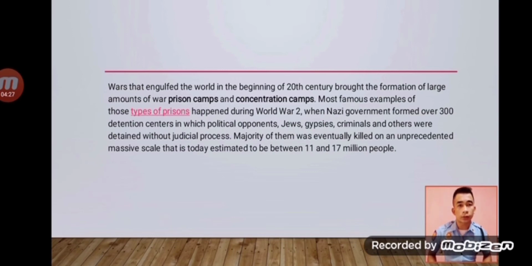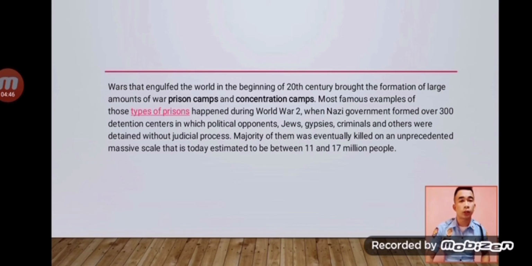The most famous example of those types of prison happened during World War II, when the Nazi government formed over 300 detention centers in which political opponents, Jews, gypsies, criminals, and others were detained without judicial process.